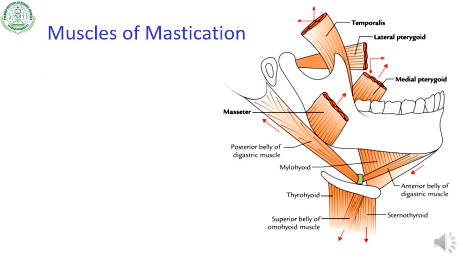Muscles of mastication. They are divided into two groups. First group is principal muscles.